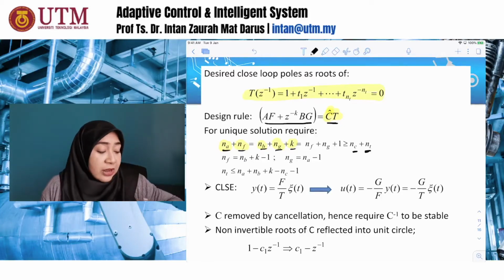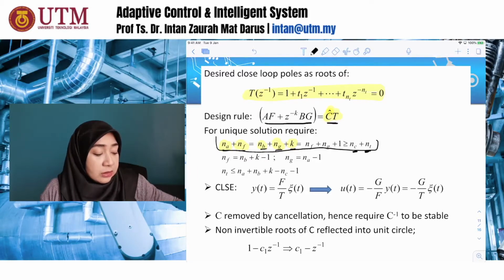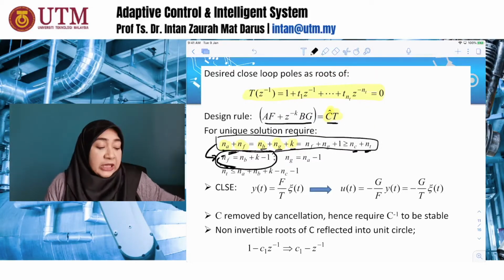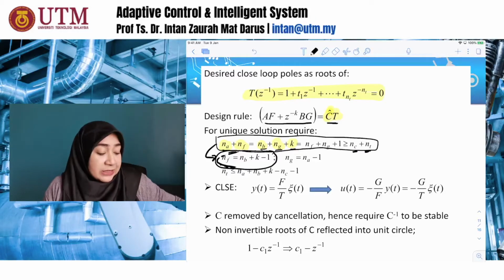So from this very important equation here, I got this formula where NF must be equivalent to NB plus K minus 1, and at the same time NG must be equivalent to NA minus 1.